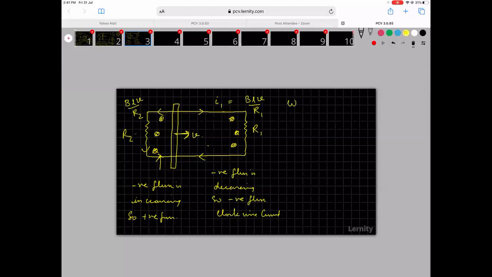So work is done on the rod by the external agent. I mean, work is done on the rod by the external agent. Then because of that work, current is generated.